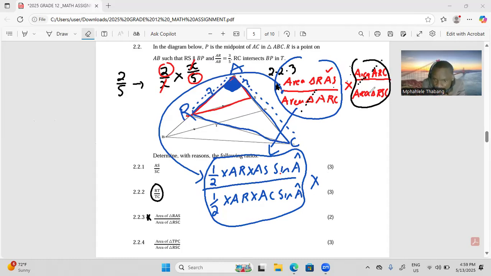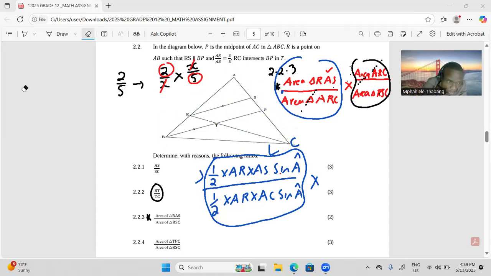If you observe carefully the triangle ARC and RSC, let me go back and erase everything here. You'll notice that they have a common angle, which is C. So I will have to change the side I'm focusing on.